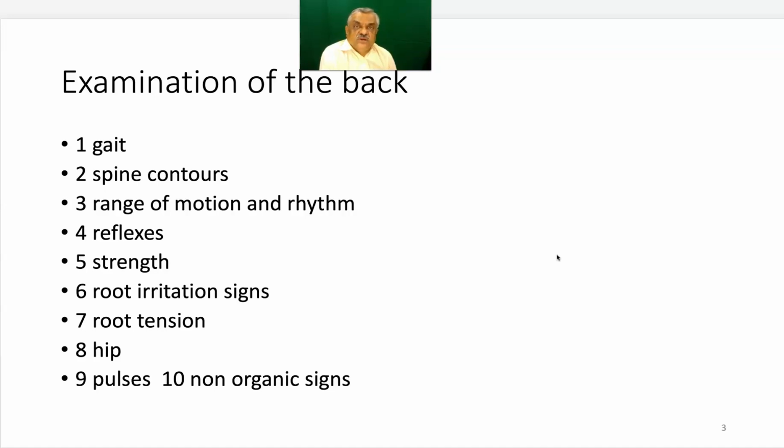We also have to remember that the pulses have to be elicited, especially the tibialis posterior or the posterior tibial artery, and of course the dorsalis pedis, which will tell us about the state of circulation, the state of atherosclerosis in elderly diabetics, and whether we are dealing with a systemic problem more than the local spine problem.